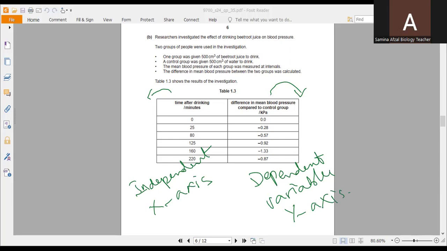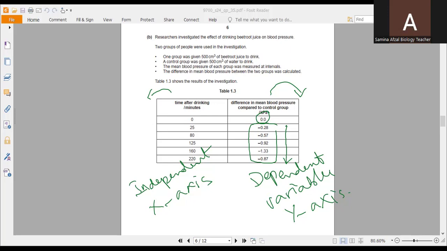Here you can see, except 0, all values are less than 0. The greatest value after 0 is minus 0.28, and the smallest value is minus 0.92, and minus 1.33. So these are very small values, because they are less than 1.